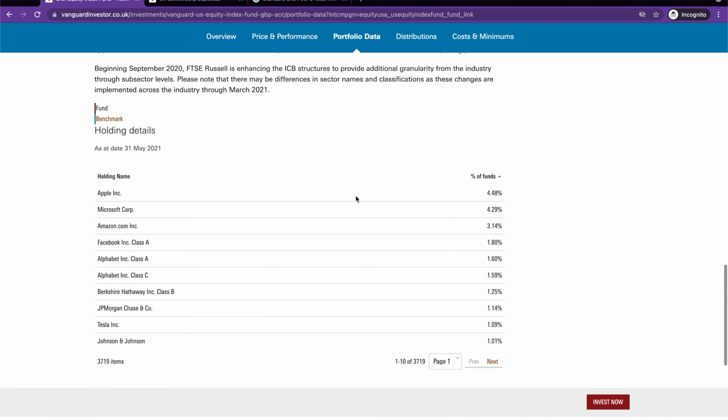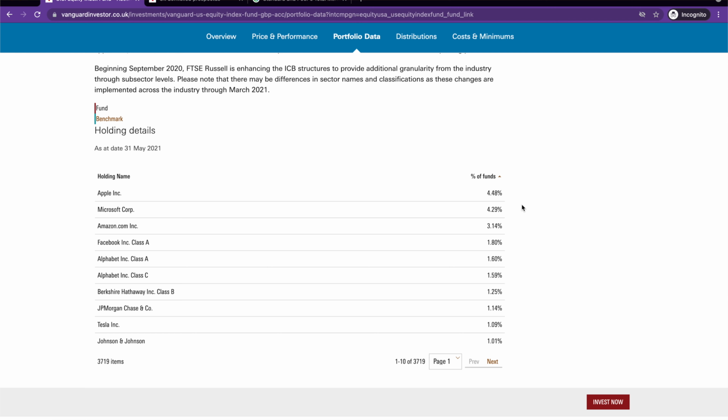So if we go here to the holding details, we can see the individual companies that this fund is investing in, or the individual companies that are being tracked by the total market index that this fund is replicating. This is very interesting, as you can see, because, for example, Apple and Microsoft represent over 4% of the weight of the fund, right?